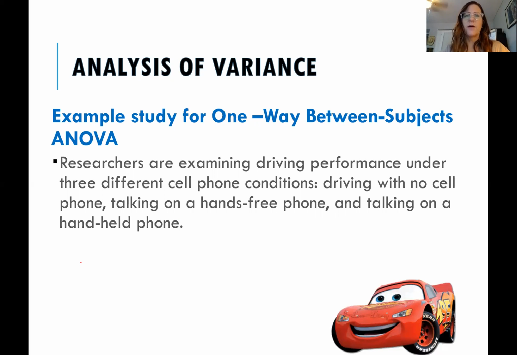In this example, researchers are examining driving performance under 3 different cell phone conditions: driving with no cell phone, talking on a hands-free, and talking on a handheld phone. So there are 3 different cell phone conditions, and in this case, there are different people in each of those conditions.